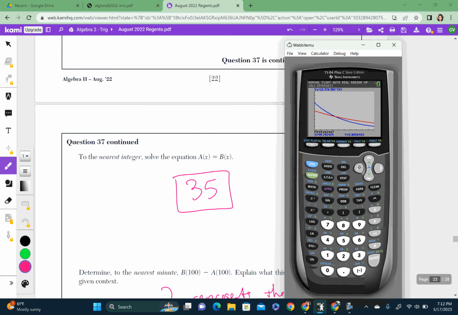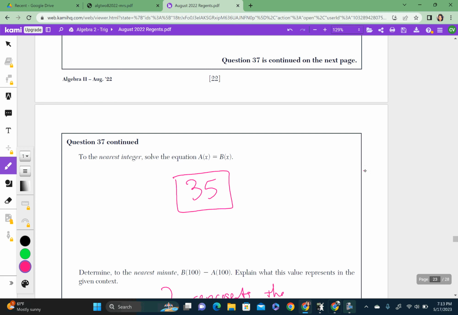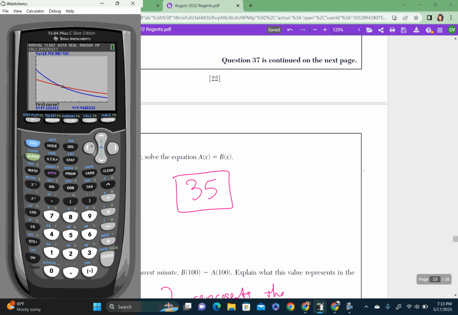And then now you're going to move the cursor. I'm hitting the left arrow. Go to where they're about equal to each other, hit enter, enter, enter, and it gives you the actual number, right? And it says to the nearest integer, so that's about 35, okay?